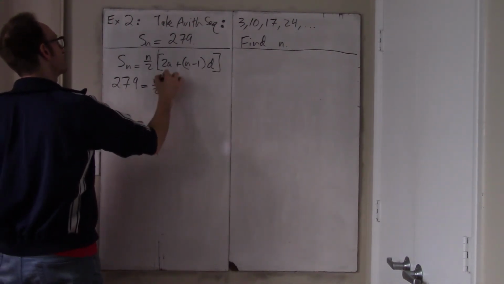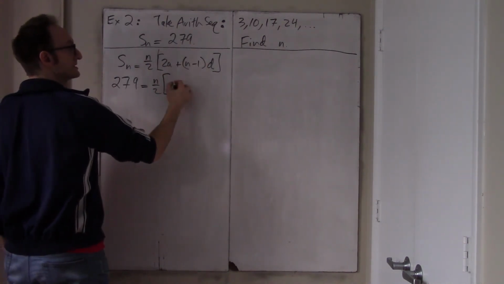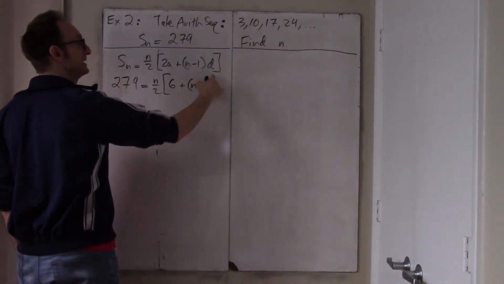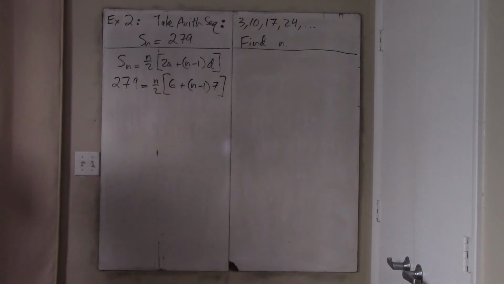So this is n over 2. What's a? A is 3, so this is just 6, plus (n minus 1), and d is 7. And so now I'm going to work backwards using algebra to find the n which satisfies this equation. This is just a quadratic equation, so this maybe shouldn't be that hard.